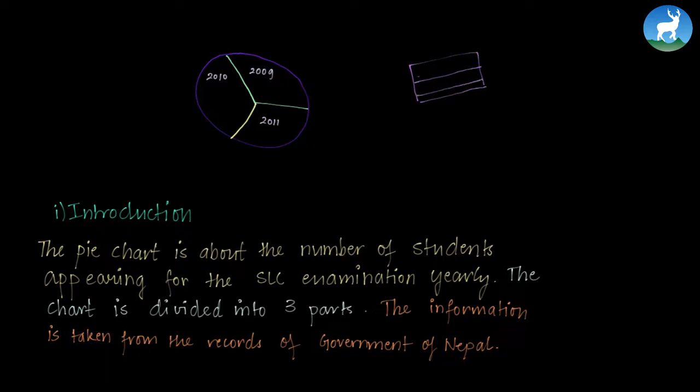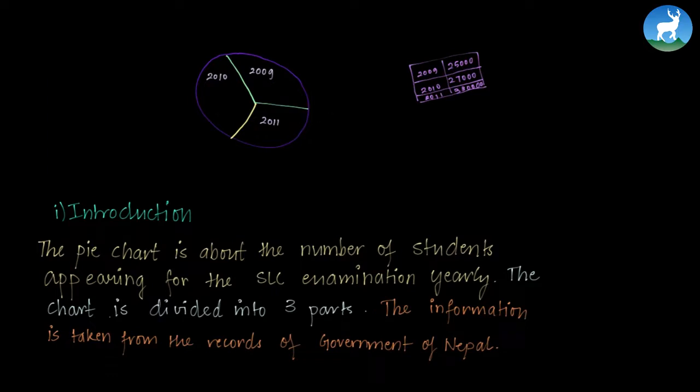So we have 2009, 2010 and 2011 with 25,000 students, with 27,000 students and 33,000. So this is the chart representing, this is the information that is referred to while drawing this pie chart.